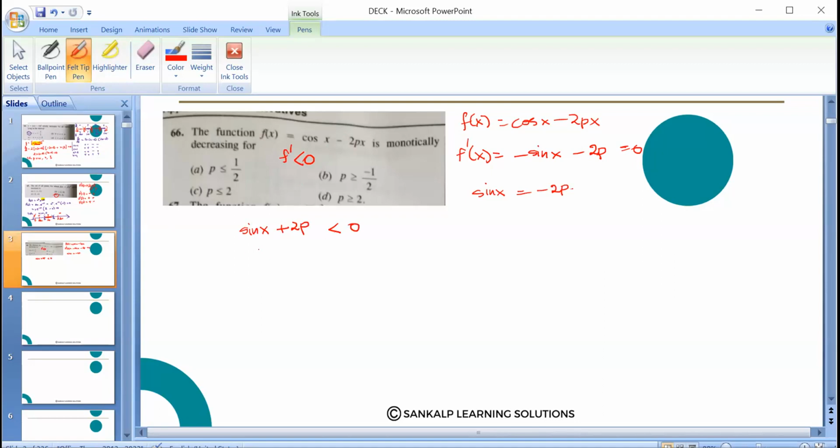That's the condition. We will write here f dash, minus sin x minus 2p, must be less than 0. Or change the sign, sin x plus 2p must be greater than 0.